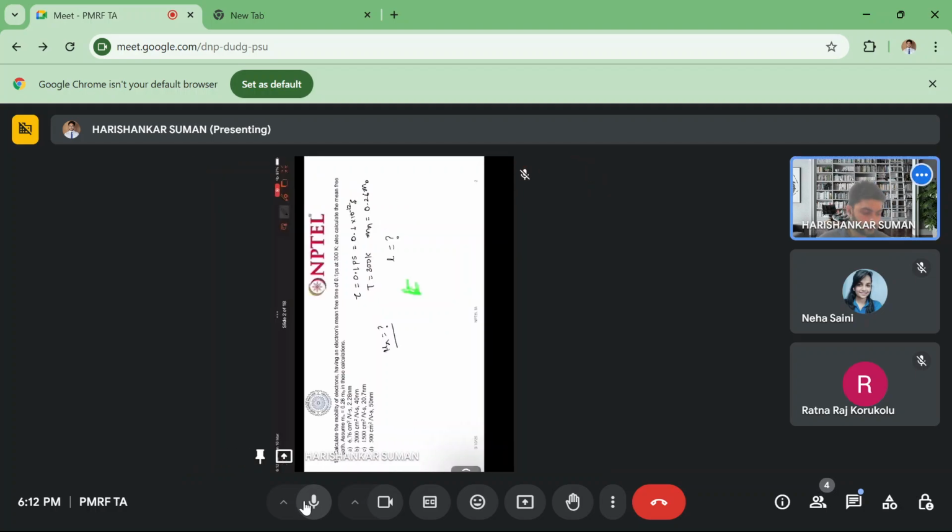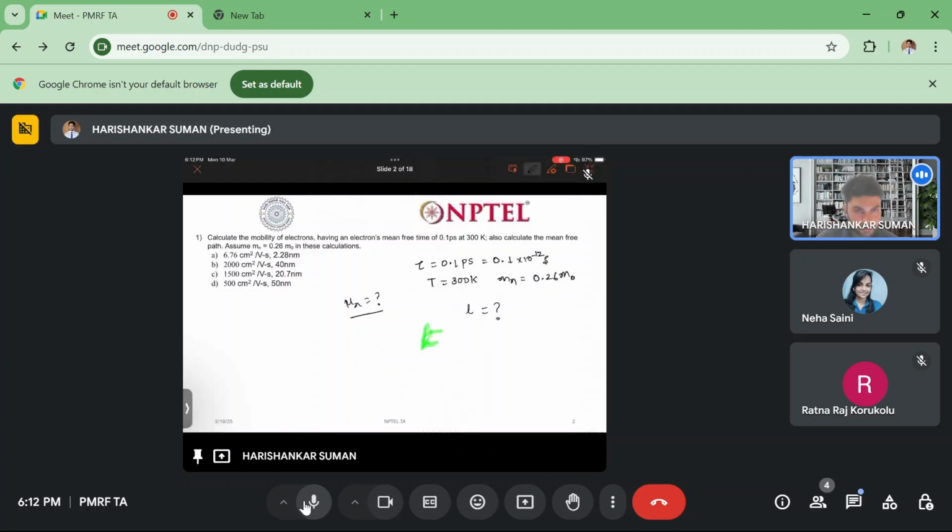So first, please calculate the mobility. Did you get your answer? You can use this formula for mobility calculation.